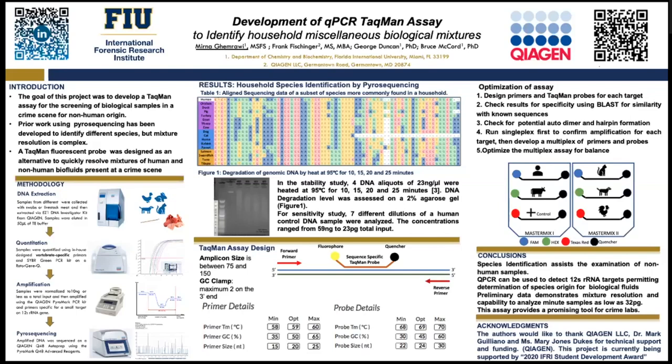So it is in-house designing. And from the literature, it says that we can go up to 8 primers and 4 probes in one master mix, using 4 different fluorophores and basically 4 pairs of primers.